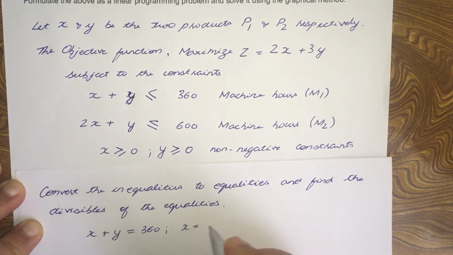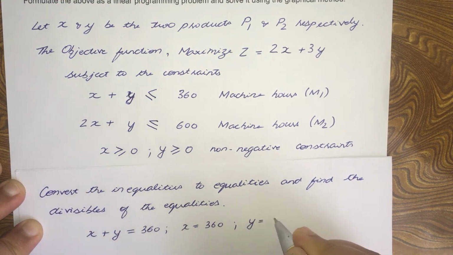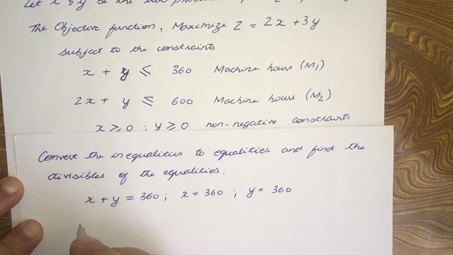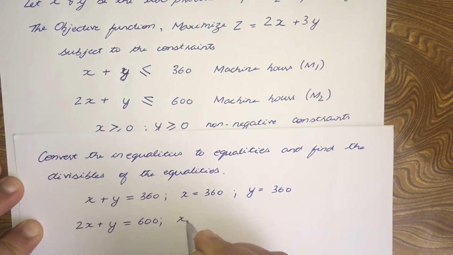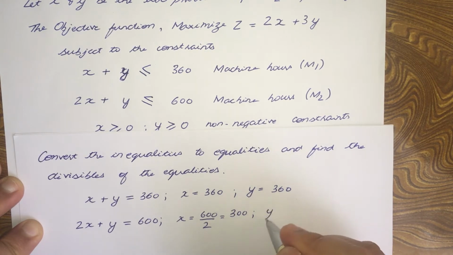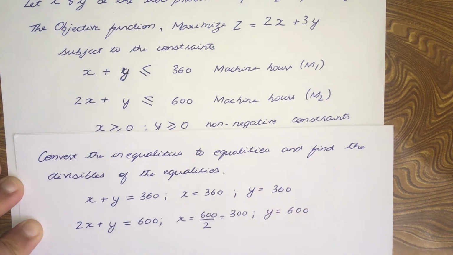So x is equal to 360, y is equal to 360, and the other constraint, 2x plus y is equal to 600, x is equal to 600 divided by 2, so that is 300, and y is equal to 600.